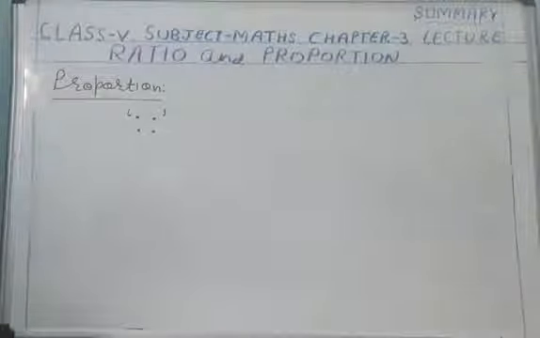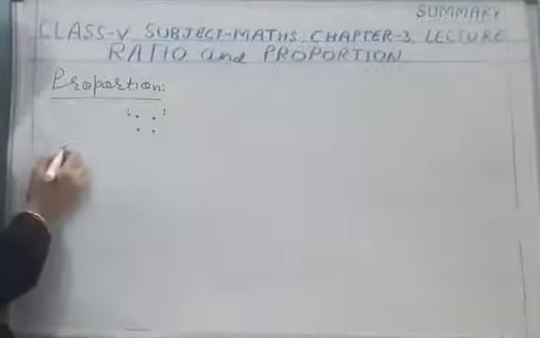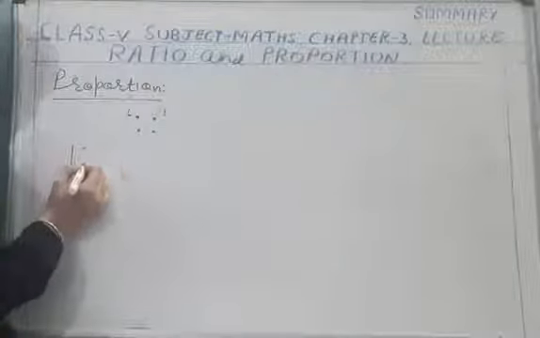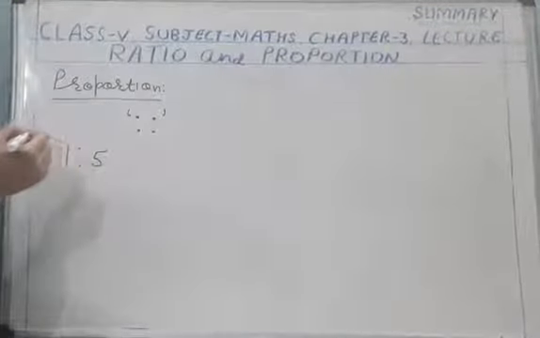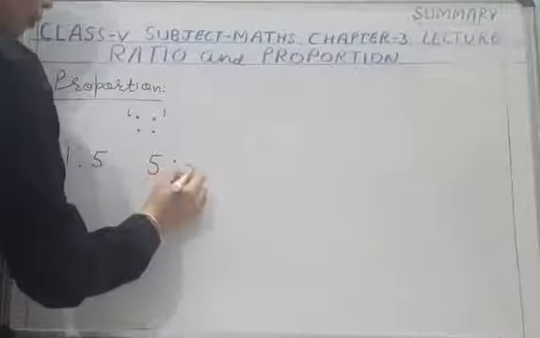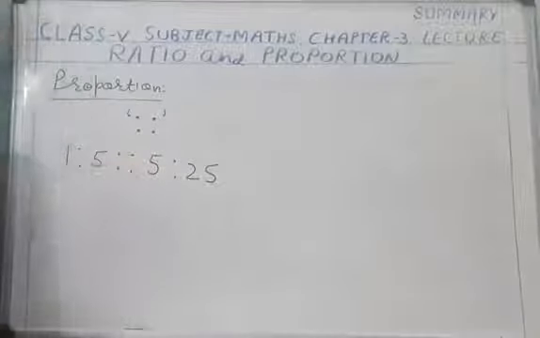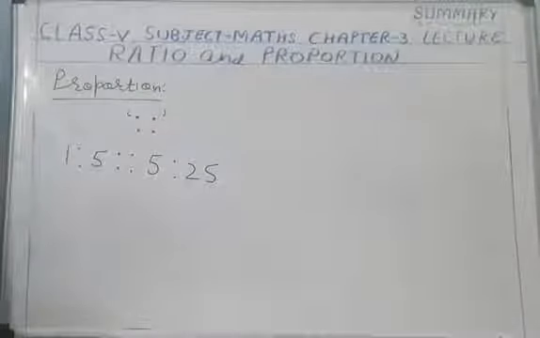This symbol is used to represent proportion. For example, if we have the ratio 1 ratio 5 is equal to 5 ratio 25, that is 1 ratio 5 is equal to 5 ratio 25. So we will put here this sign of proportion. Okay.